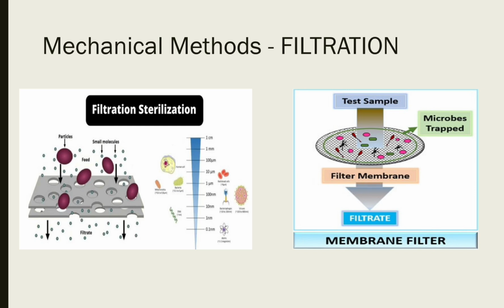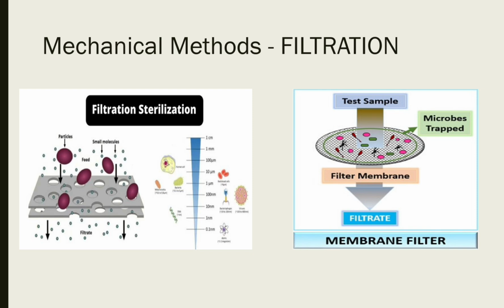Filtration. Filtration is nothing but the process by which the required filtrate is taken out through the filtration apparatus. According to the size of the bacteria, virus, fungi or any type of microorganism, filters are made, and through these filters filtration is done. You can see in the first diagram, larger particles are settled above the filter and the required smaller particles get through the filter, and we collect them as a filtrate.